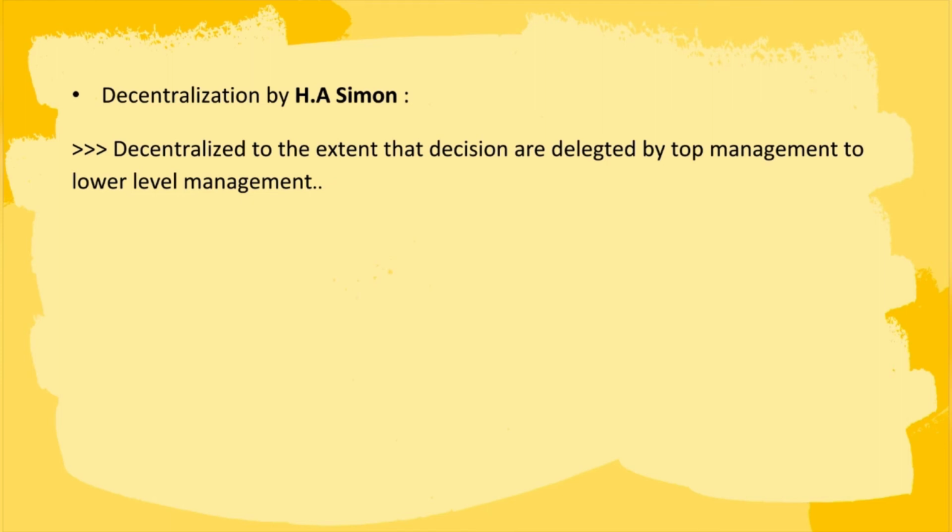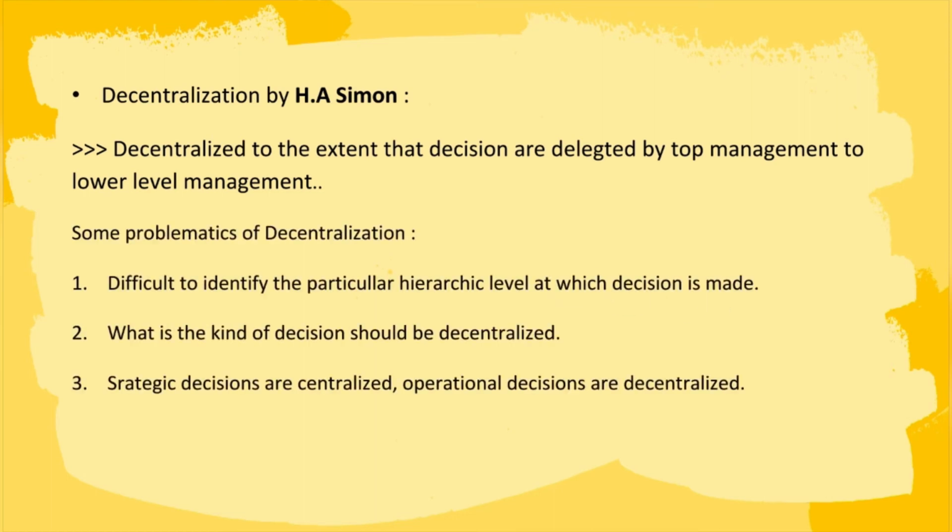But even though the definition is clearly straightforward, there are still many problems in implementing it. Here are some problems of decentralization. There is difficulty in identifying the particular hierarchy level at which a decision is made. Then, what kind of decision should be decentralized? Even A.D. Chandler said strategic decisions are centralized and operational decisions are decentralized, but there are still problems in implementing decentralization.